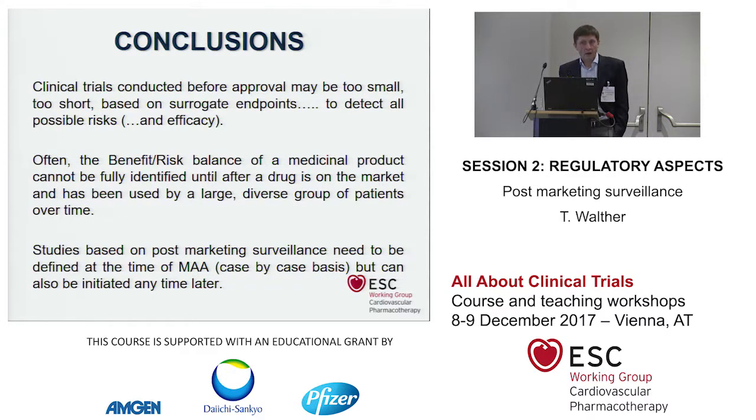And as I had shown to you with the example, 350 in the phase 3, 7 million until it has been withdrawn from a market. It's simply from a practicality perspective that often it needs exposure to more patients. It needs exposure to specific patient populations to understand and to identify a risk you might not have seen in your clinical trial phase 2 and 3.